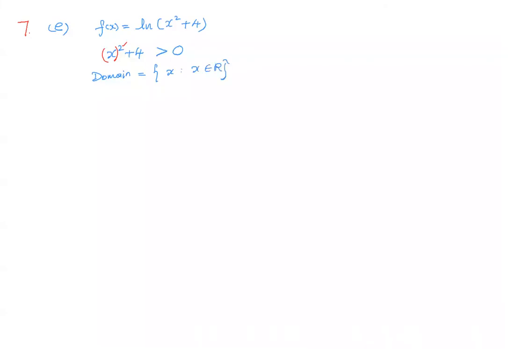Okay, then you go by calculus. You find f prime x first. Then you draw the sign diagram of f prime x with the help of a GC. Then you will know when it is increasing and when it is decreasing.